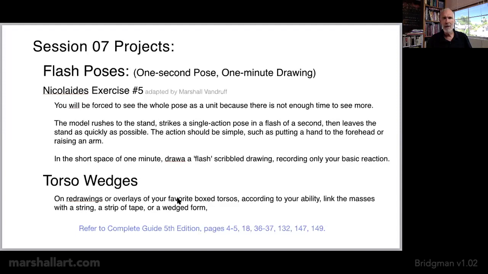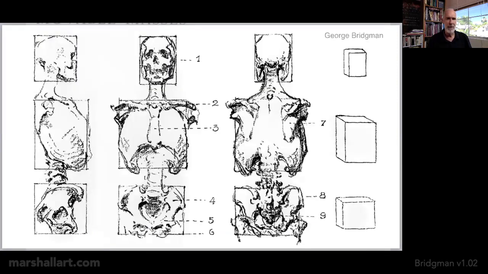But in your learning, boxed. According to your ability, you may not be able to do this, but you can at least link them with a string. I'm going to show you how to link them with a strip of tape and a wedged form in a moment here. This is what you've got, you see.